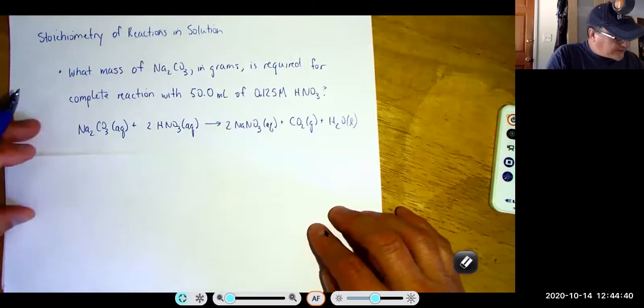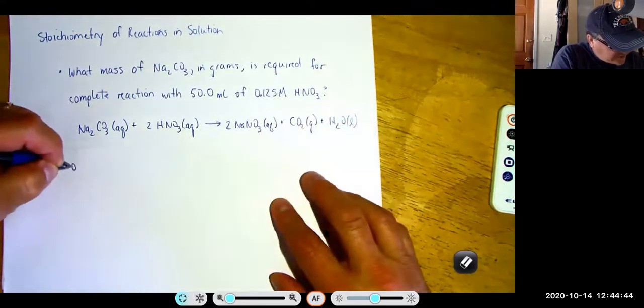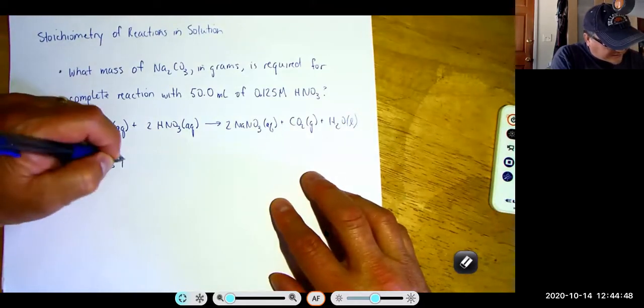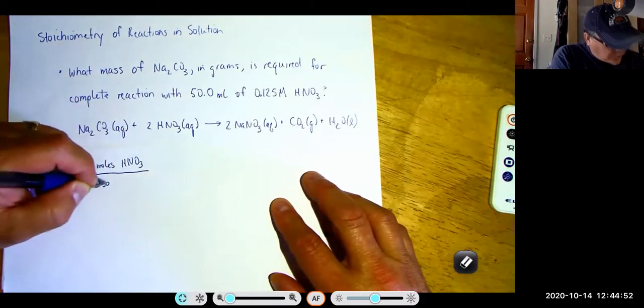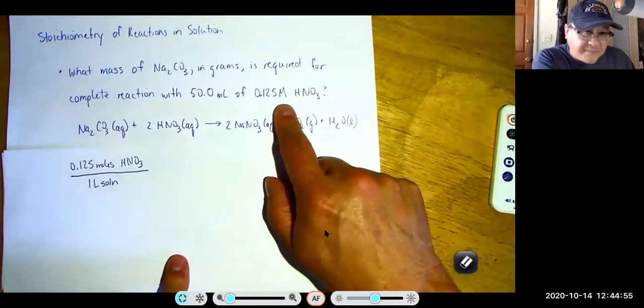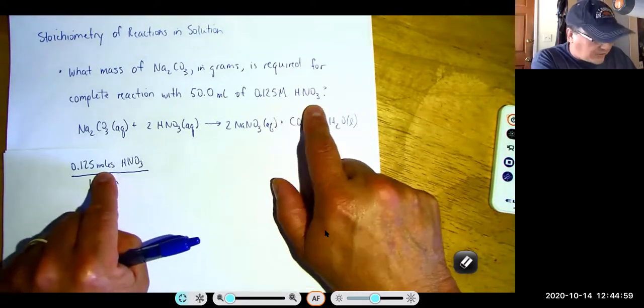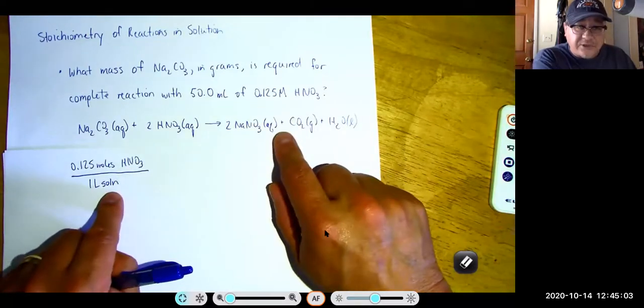One of the things we have to understand here is that this is moles of nitric acid per 1 liter of solution. Whenever you see this uppercase M, it always means moles of the solute per exactly 1 liter of solution.